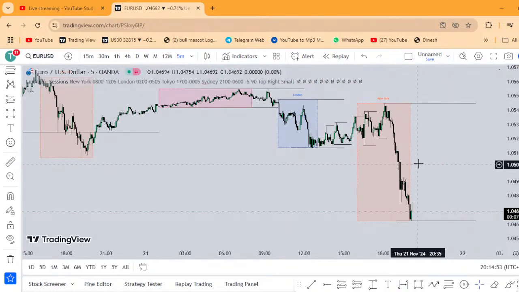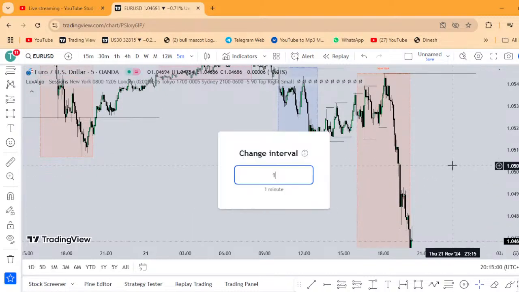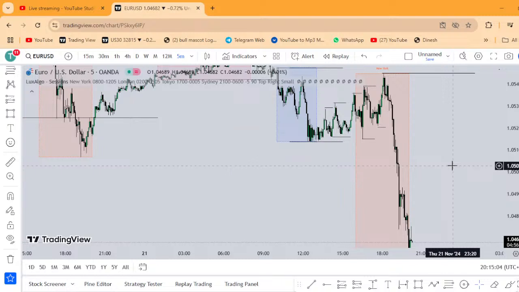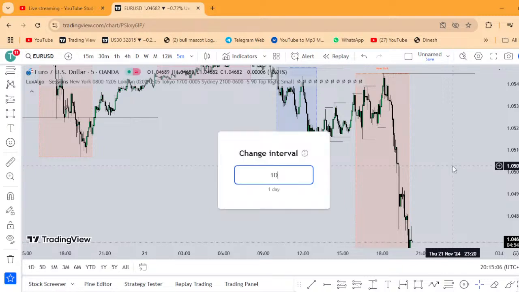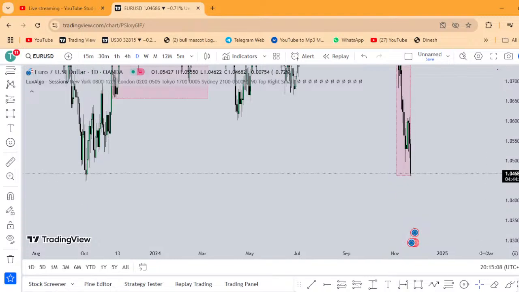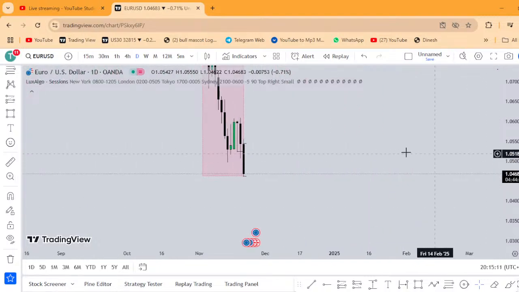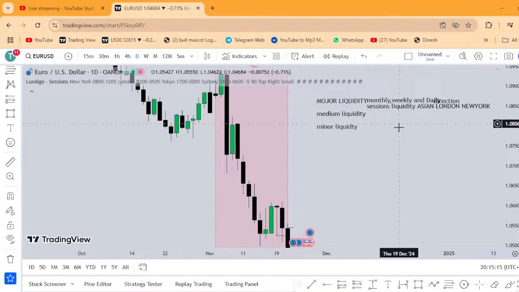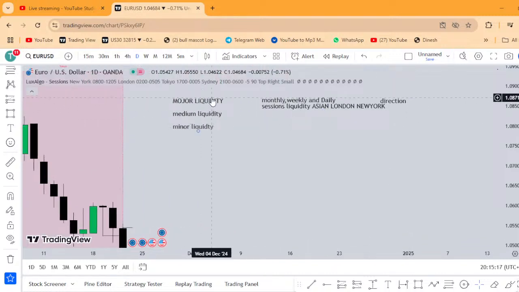So let's go and see how to use the major liquidity. So now, if we are to go back into the higher time frame, so we have an example of the Euro US dollar chart, and we say that the higher time frame liquidity, which is the monthly, weekly, and daily, are for direction of the day or direction of maybe the time frame you're trading.